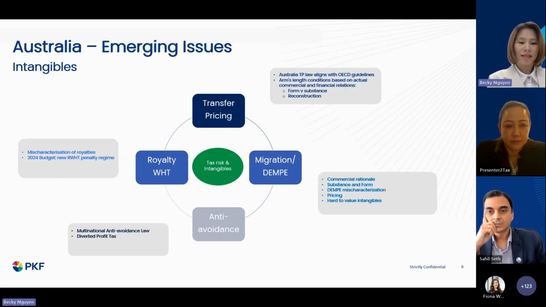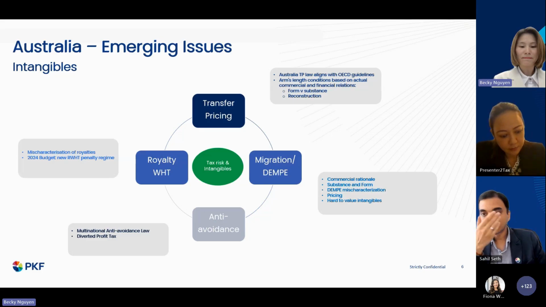In such a case, because of the mischaracterization of DEMPE, the income generated from the intangible may be misallocated. And in that case, the ATO may reallocate the profit back to Australia, where the actual economic activities are taking place.